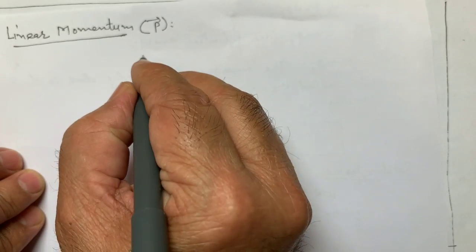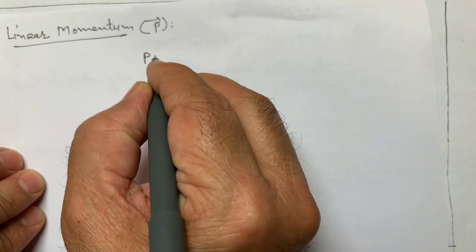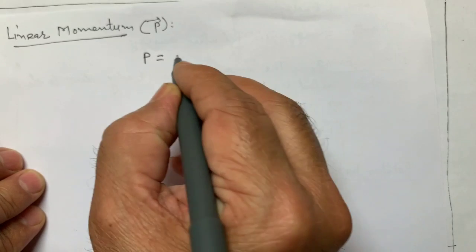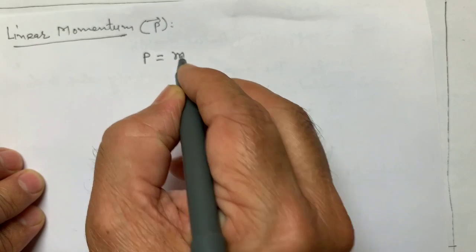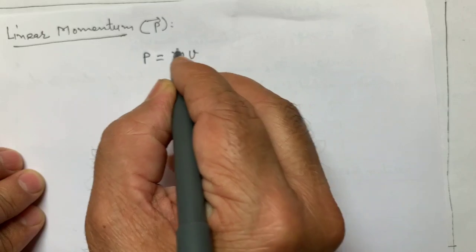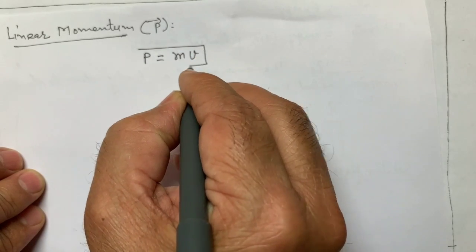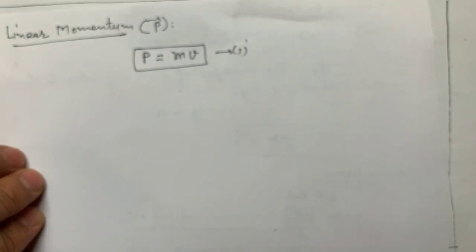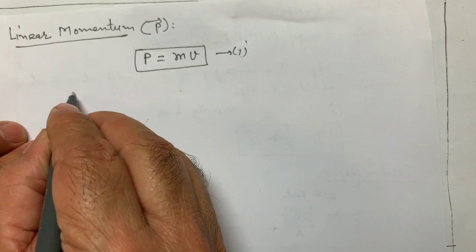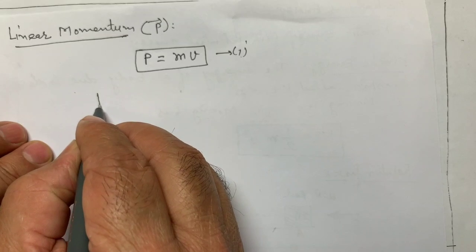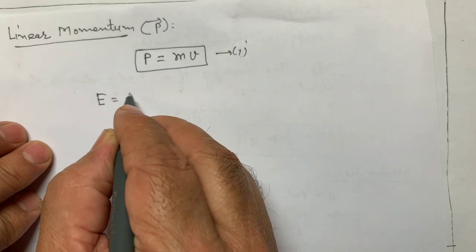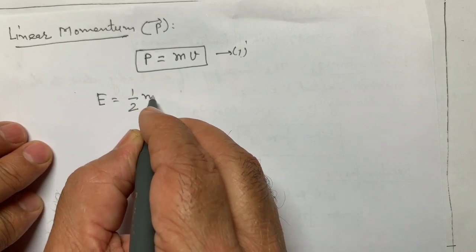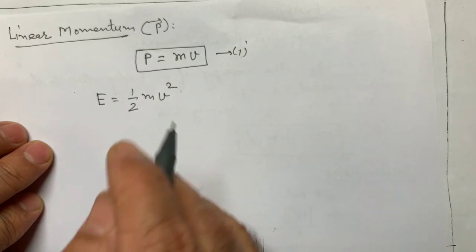We already know momentum P is equal to mass of the body into velocity, P is equal to mv. We also know kinetic energy, denoted by E, is equal to half m v square.